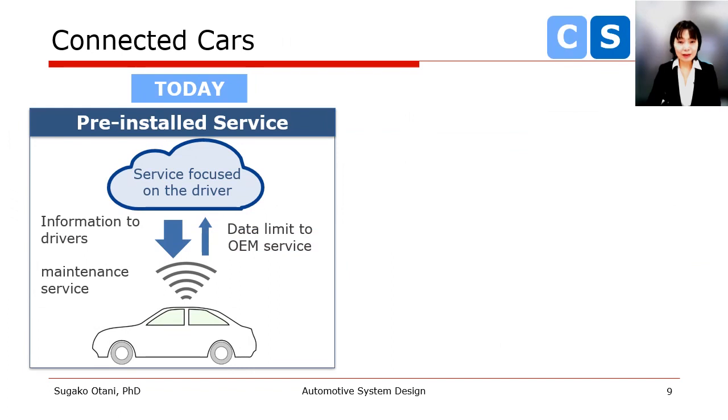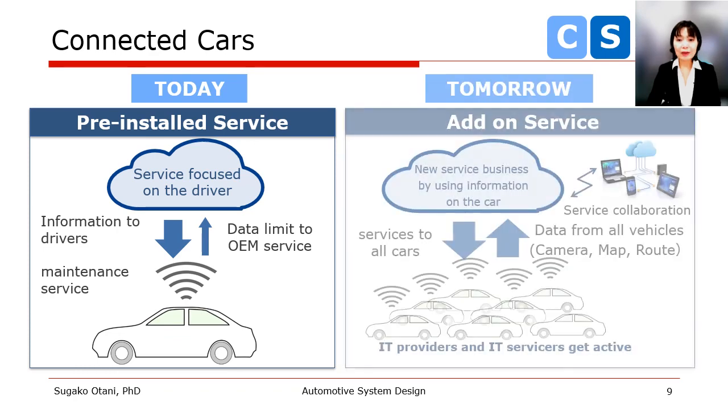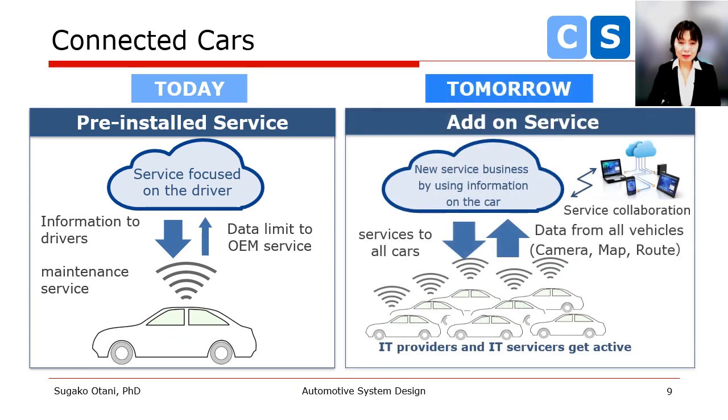A connected car is always connected to the internet and cloud services. The drivers have used only pre-installed services. The information exchange is limited, for example, to maintenance services. From now on, the goal is to provide add-on services for all vehicles.